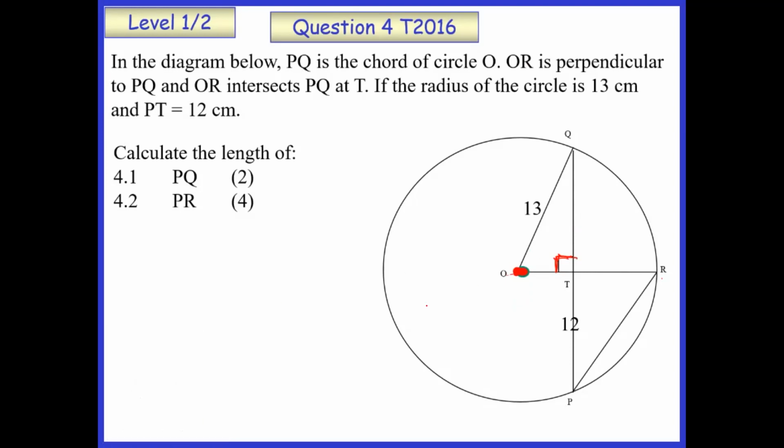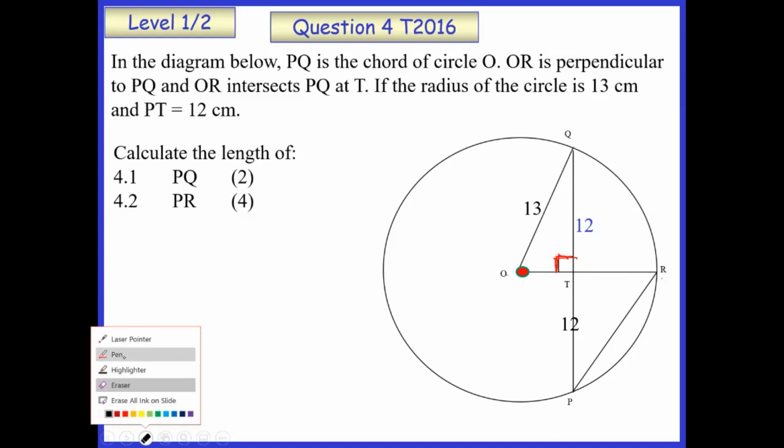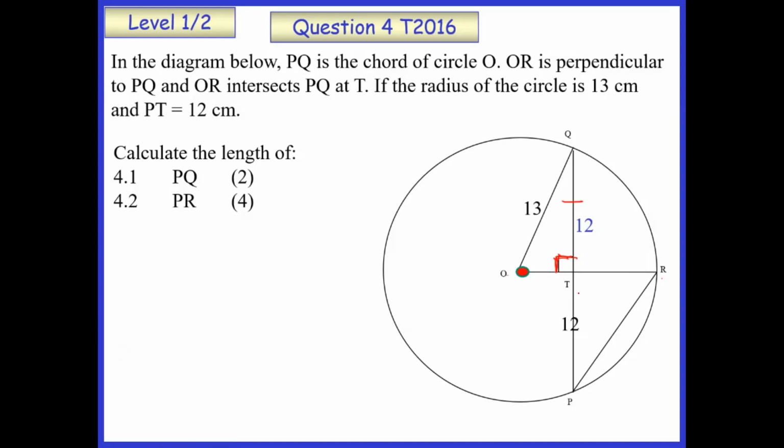That's very important for us to note. Therefore, we can come up with QT to be 12. The reason is that a line from the center, perpendicular to the chord, will bisect the chord. That's how we're getting our 12 for QT.